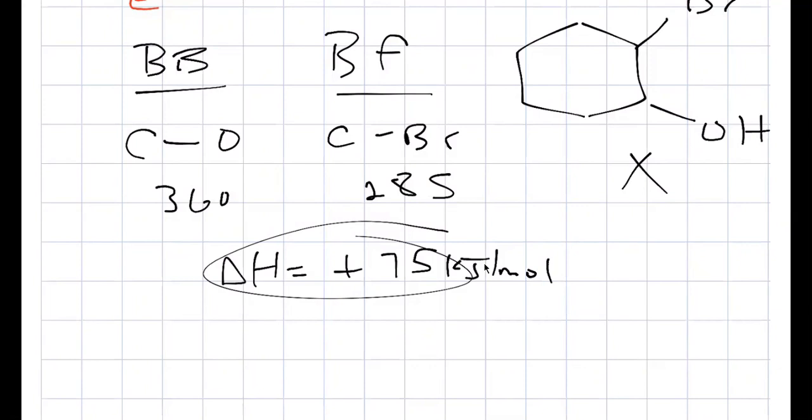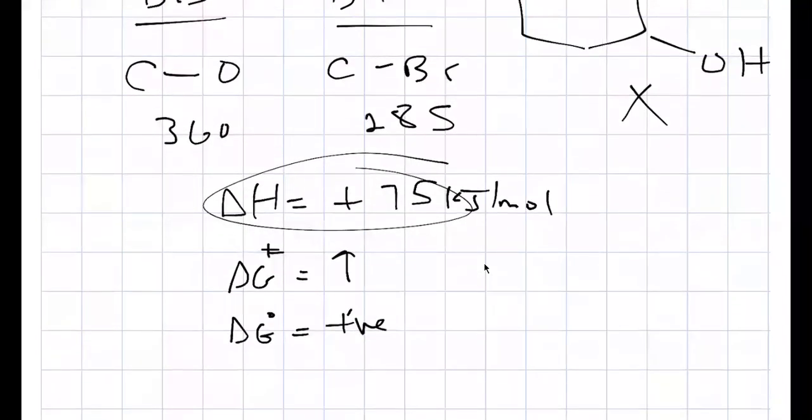What else do we know? What do we know about the activation energy? It's going to be high. And we know that the Gibbs free energy is also going to be positive, right? And we know that the reaction is endothermic. All right, so it's endothermic.